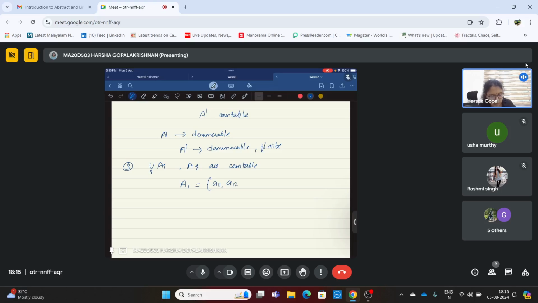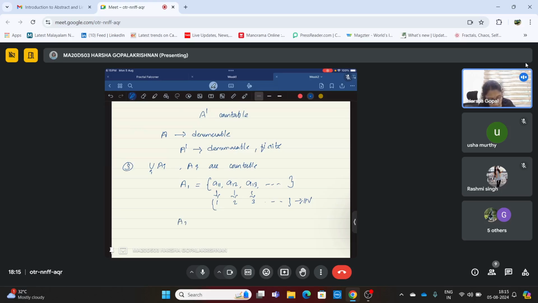The first one here, 1, 1, corresponds to 1, then 1, 2 corresponds to 2, 1, 3 to 3. So this forms the natural numbers. Like this, a bijection is there for A1.